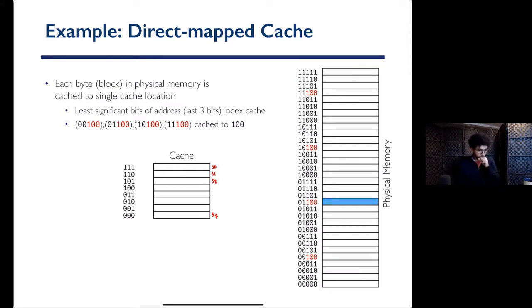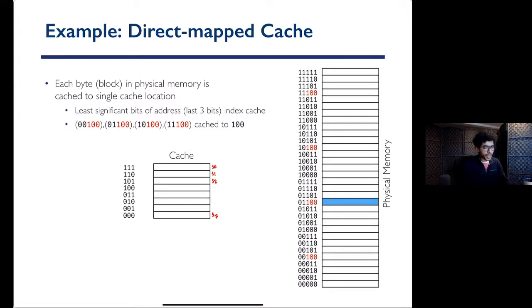Now, how do we do the mapping? Because we have 8 sets, the way we're going to map from addresses to sets is that we need the last 3 bits of our address to find the set for this address.